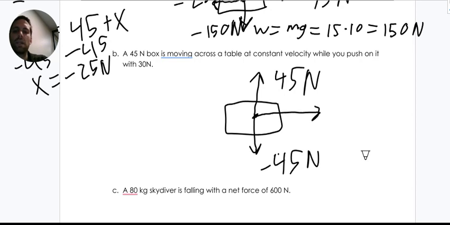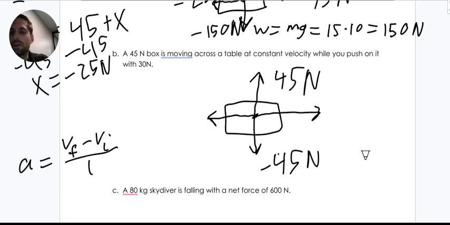So that means, and this is a key thing for this assignment and for this chapter, if you have a constant velocity, that implies that for your acceleration value, which is the change in velocity over change in time, your velocity values are the same, v initial equals v final. So then a is 0.